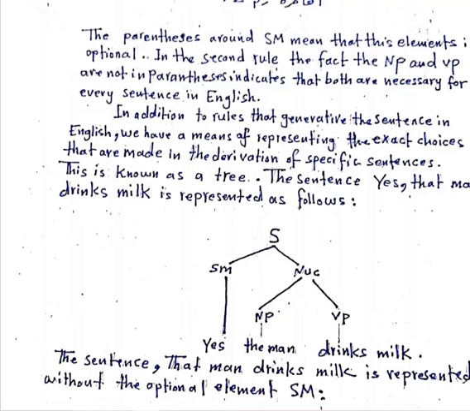That means the elements without parentheses, noun phrase and verb phrase, are necessary for every sentence. Why are they not optional? The sentence without them has no complete meaning.